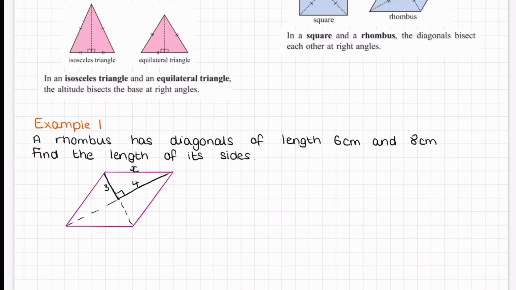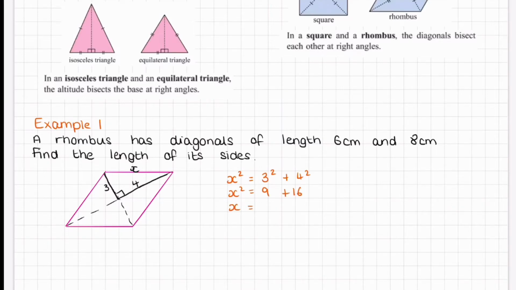Now if we look at this here, we're trying to find the side opposite the right angle, which is our hypotenuse. So in our equation, it means we're going to have x squared equals 3 squared plus 4 squared. Which means we're going to have 9 plus 16.